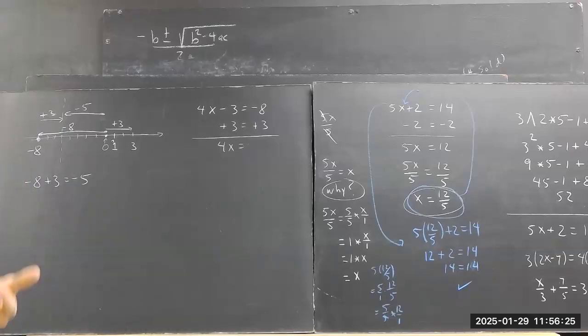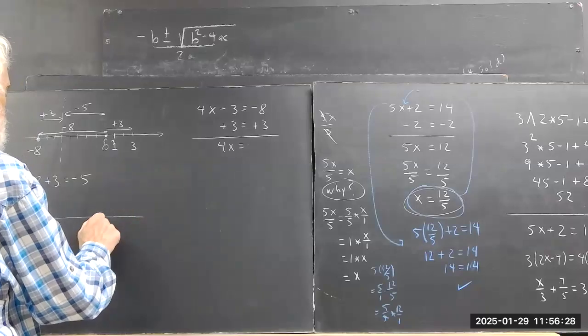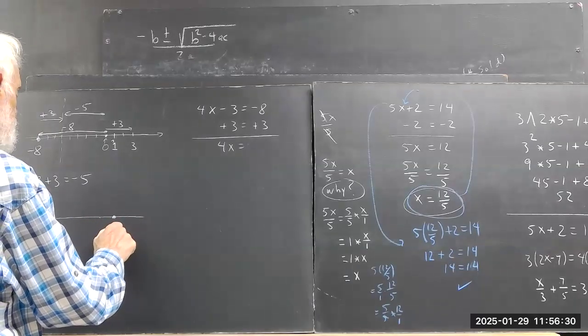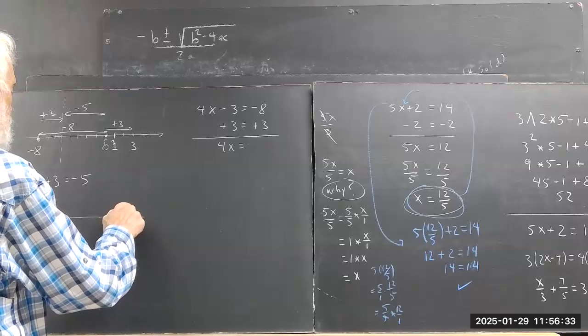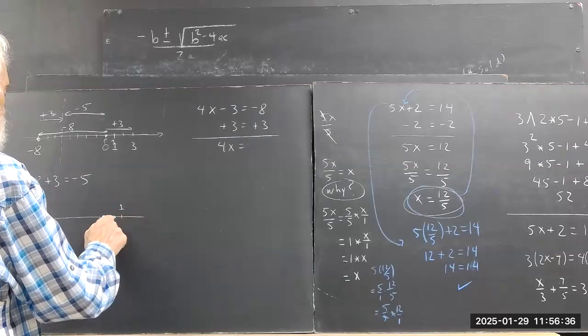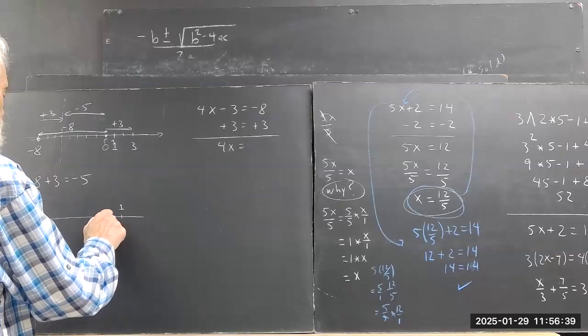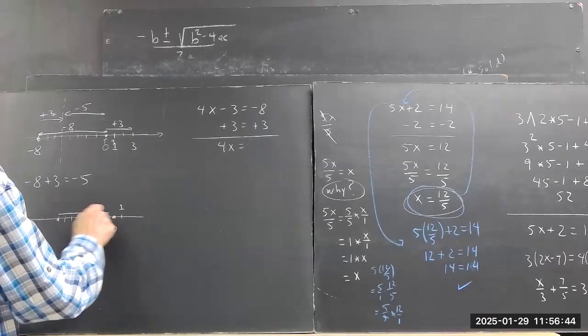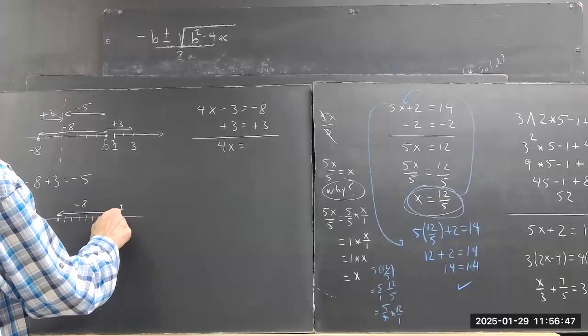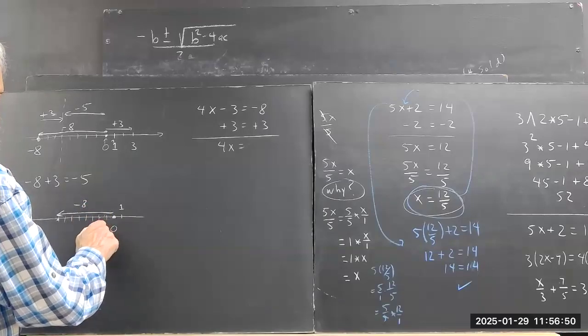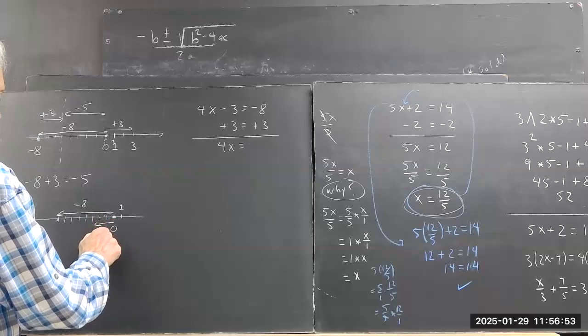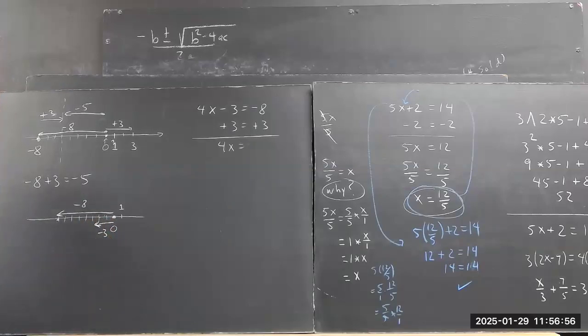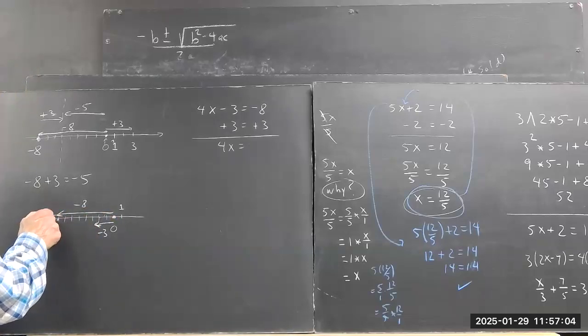Okay. Here's another example. Here's 0. Here's 1. Let's do negative 8 and negative 3. If you put these arrows together, you get negative 8 here, and then you go negative 3 more.